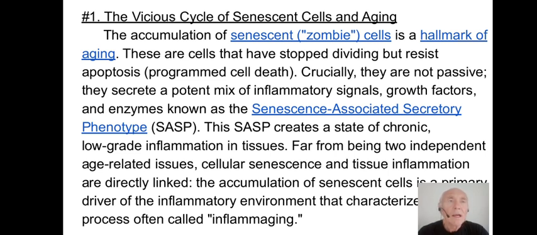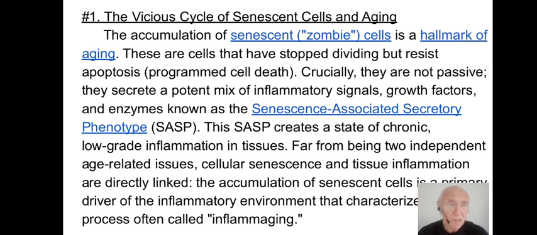Accumulation of senescent, or so-called zombie cells, is a hallmark of aging. These are cells that have stopped dividing but resist apoptosis, so they resist programmed cell death. Crucially, they are not passive. They secrete a potent mix of inflammatory signals, growth factors, and enzymes known as Senescent-Associated Secretory Phenotype, or SASP.